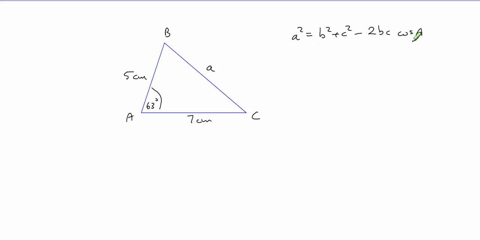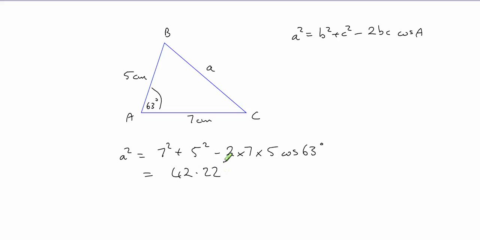So substituting the values in the formula, a squared equals b squared, that's the side opposite B, 7 squared, plus c squared, the side opposite C is 5, minus 2 times 7, which is b, times 5, which is c, cosine of 63 degrees, which using the calculator equals 42.22 to 2 decimal places, and so taking the square root, a equals 6.498.